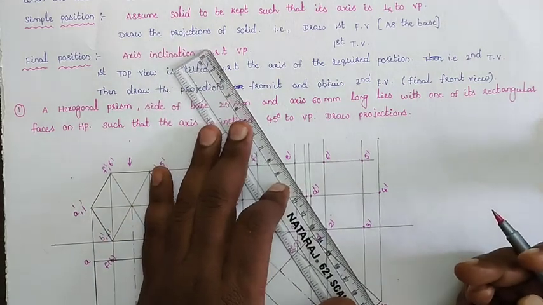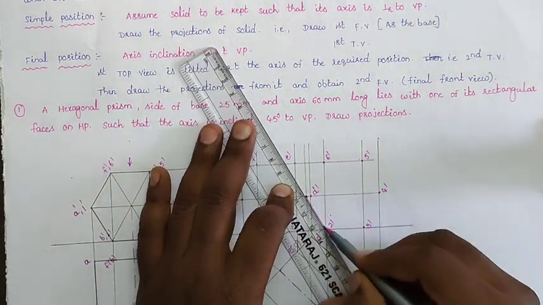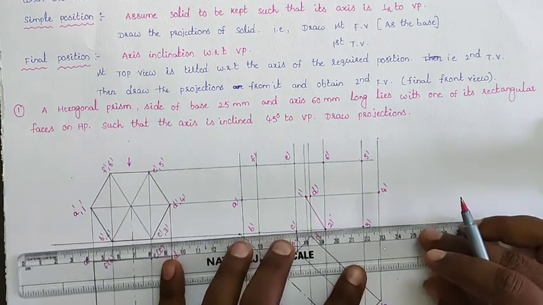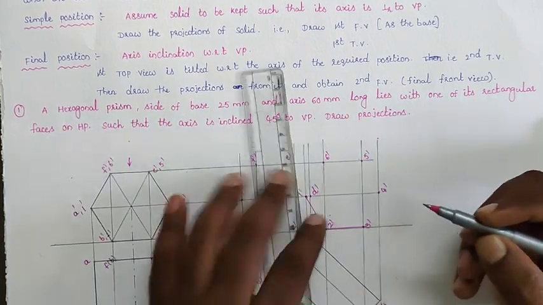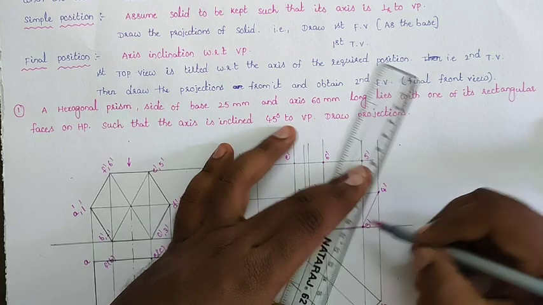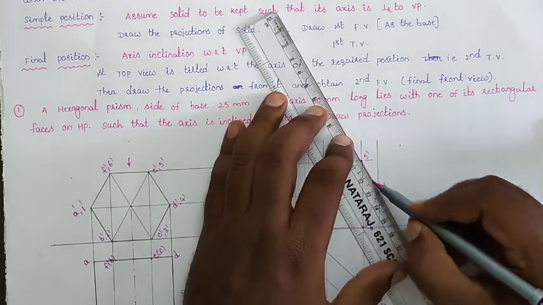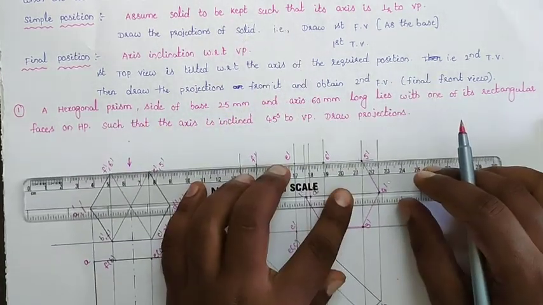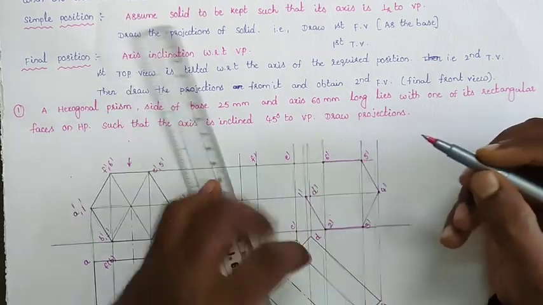So first of all I am joining 1 dash, 2 dash, 2 dash and 3 dash, 3 dash, 4 dash, and 4 dash, 5 dash, 5 dash, 6 dash, and 6 dash, 1 dash.